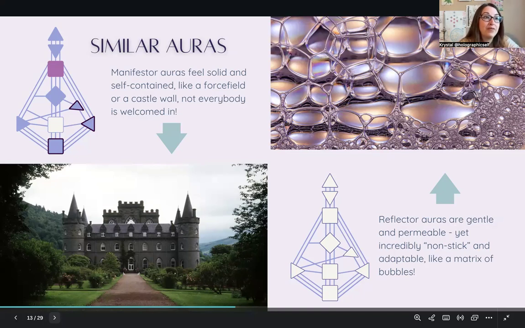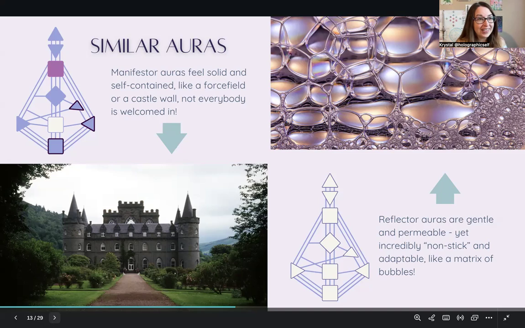That doesn't mean it's not beautiful and amazing in the castle, but there is a solid boundary that they're not for everybody. The warmth of a campfire can radiate out and touch people even if they're not intimately connected with the generator or the Manny-Gen. Whereas with a manifestor, maybe it takes some time to get to know who they are because they have this very firm boundary around their world. It's self-contained, it's solid.